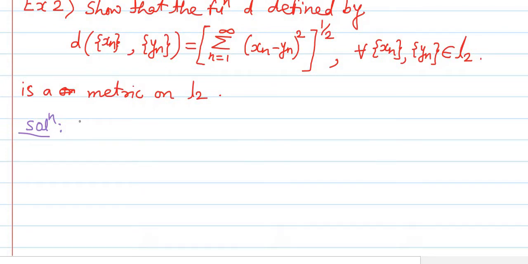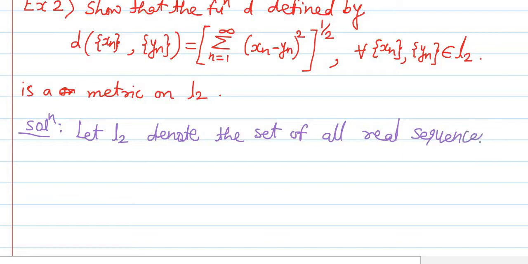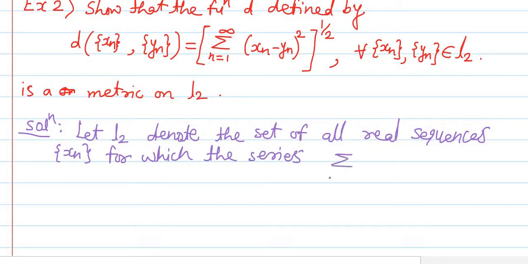Let L2, as we discussed in the last class, denote the set of all real sequences, sequence xn, for which the series summation over n equal to 1 to infinity xn square converges.